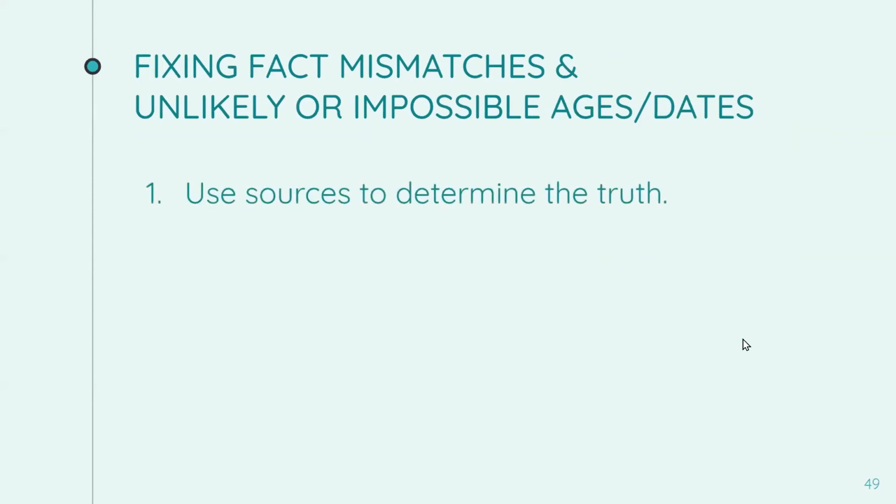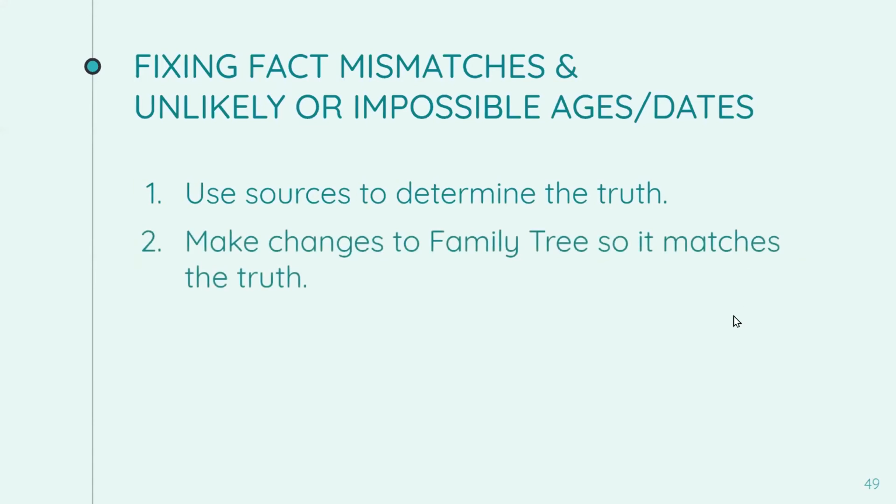The general principles are that you want to use sources to determine the truth. So birth, marriage, death, census, military, wills, whatever you need to consult to determine what the truth is about that person or about that error. And then make the changes in Family Tree so that it matches the truth.